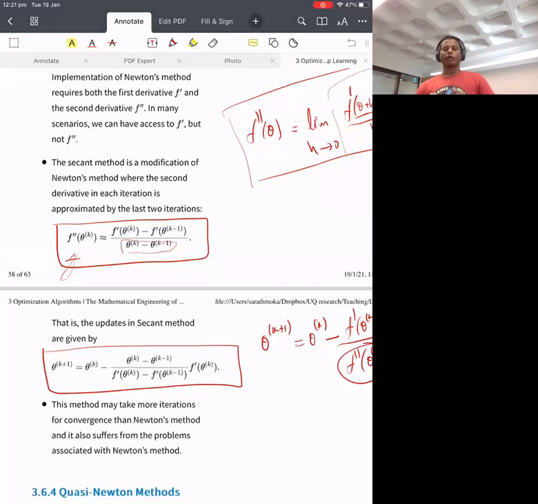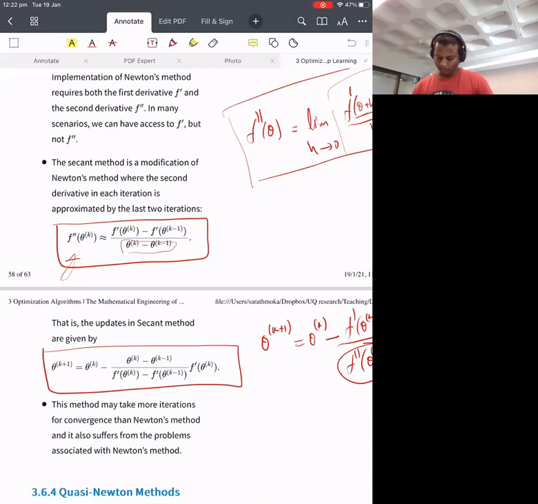Think about a quadratic function, okay? In a quadratic function, we know that Newton's method takes only one step because it's already in quadratic form and we are not discarding any terms. And so whatever minimum is for the quadratic function is a minimum for the actual function also. So it takes one step.